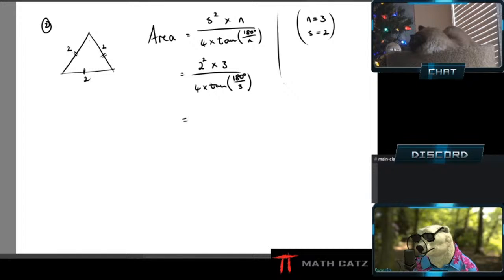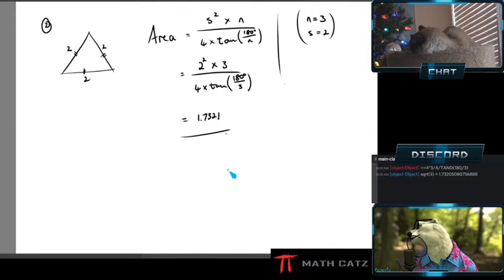It's important. So 2 squared is 4 times 3 divided by 4 divided by tan in degrees, 180 divided by 3, and we get 1.7321 if I round it to decimal places.